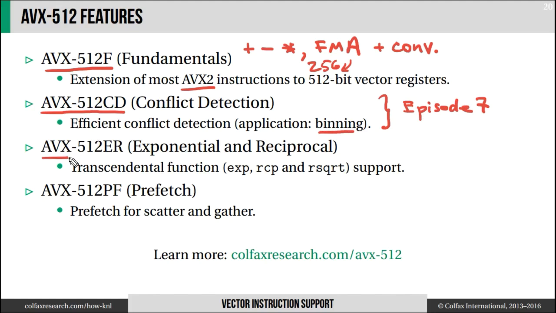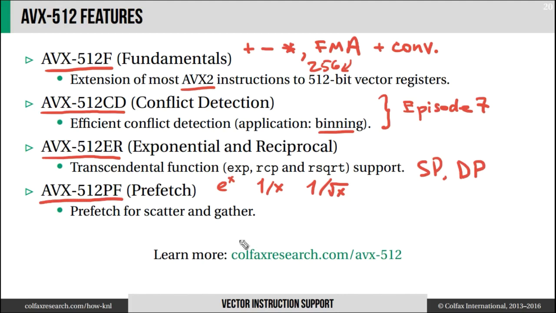AVX512ER contains exponential and reciprocal calculation for computing the exponential function, the reciprocal function, and the reciprocal square root function with vectors in single precision and in double precision with high accuracy. And finally, AVX512PF is prefetch instructions for gather and scatter operations.